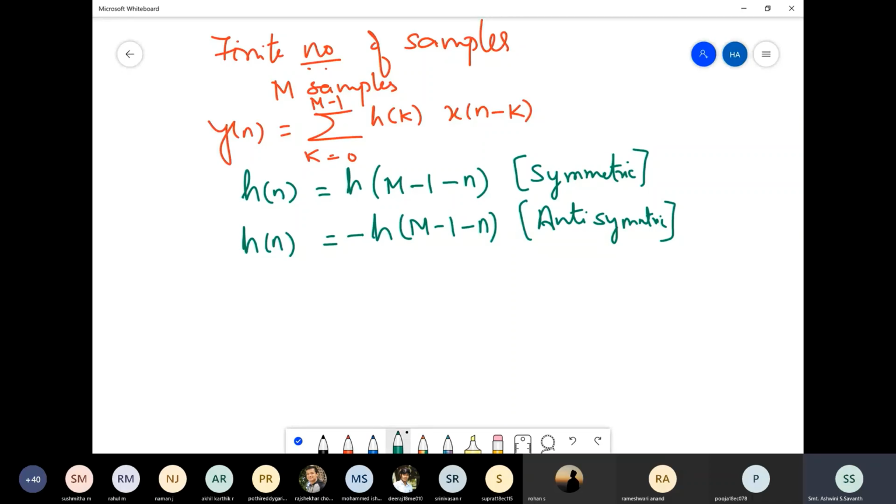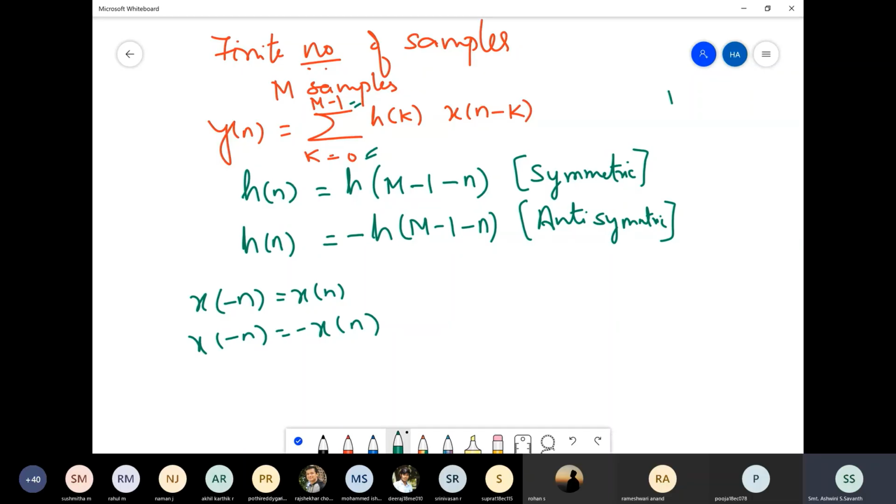How were we writing the equations in general for signals? If x of minus n is equal to x of n, that is symmetric. x of minus n is equal to minus x of n, that is anti-symmetric. This is about the origin that we were writing. Now what I am telling you is we have samples from 0 to M minus 1.